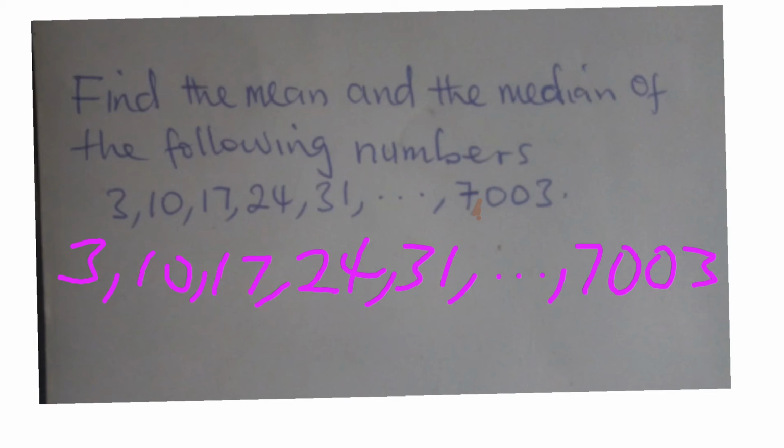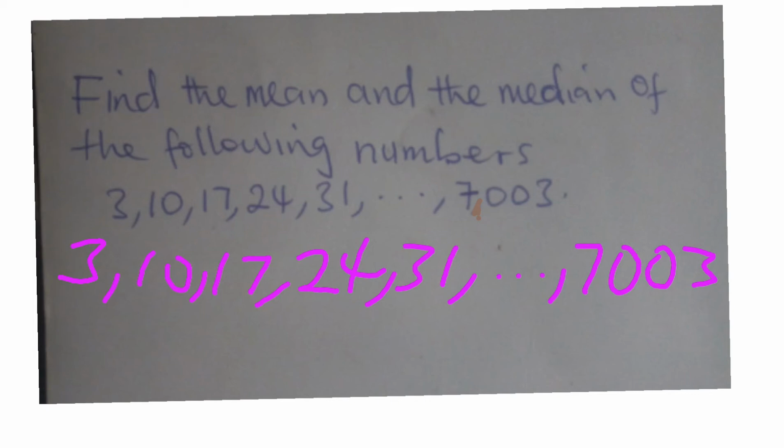If you look carefully at the numbers, you will see that the difference between 10 and 3 is 7. The positive difference between 10 and 17 is 7. The same thing is the difference between 17 and 24, also 24 and 31.